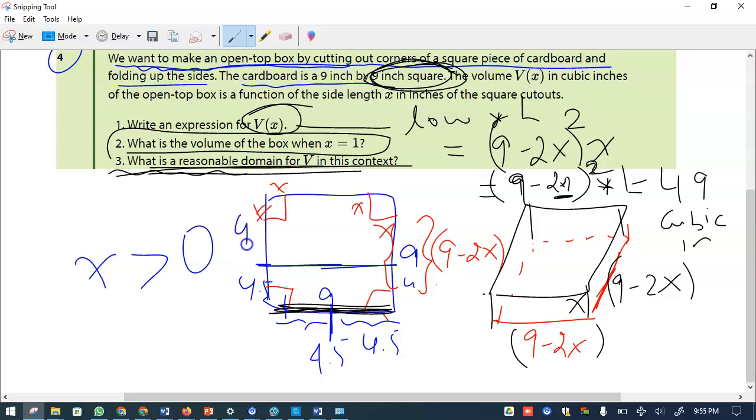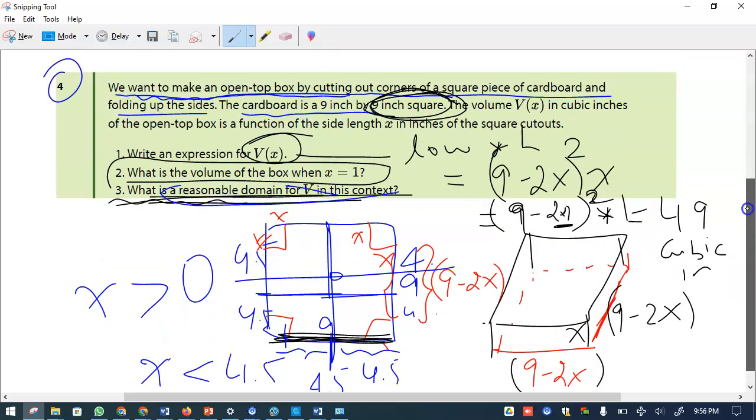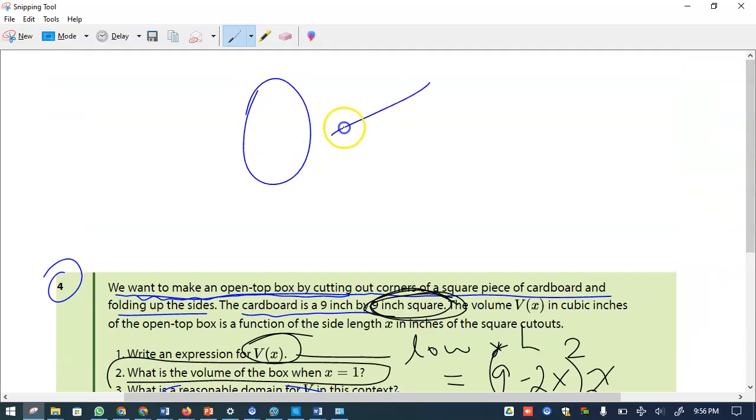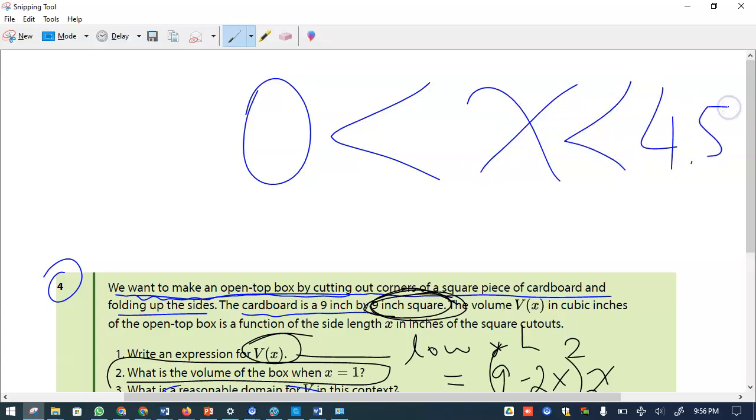You're going to cut off 4.5 everywhere, and there will be only one dot left. So everything is gone, see? So there's no box. Whatever the square that you cut off, the side length has to be less than 4.5. So the reasonable domain is 0 less than x less than 4.5. Where did you get this 4.5? You're just dividing 9 by 2, which is 4.5.